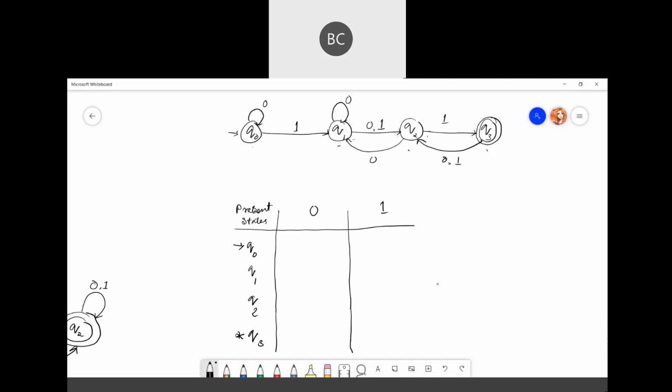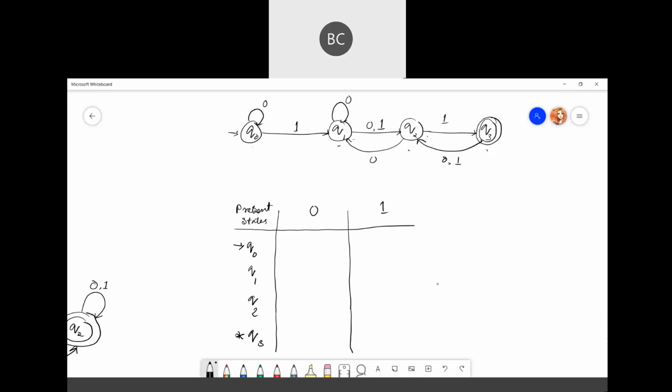So let's start from Q0. From the diagram, when it reads 0, what is the next state for Q0? When it reads 0, it comes back to Q0 again. Correct?